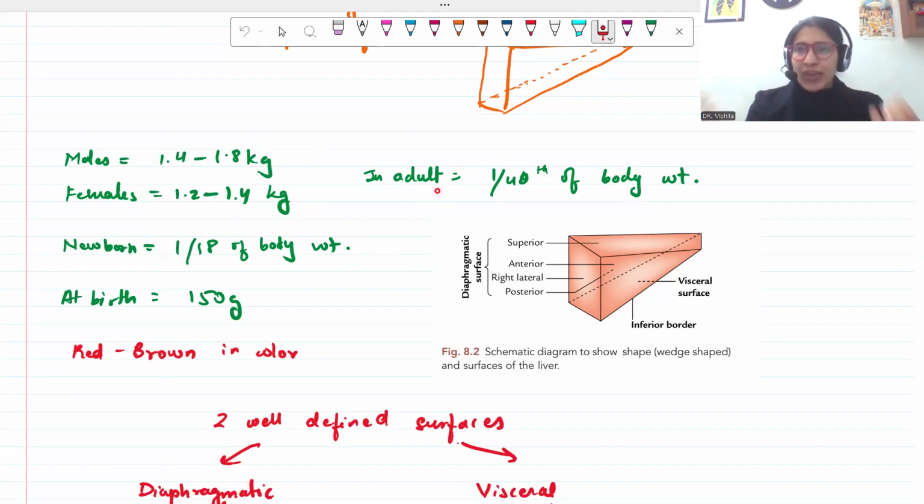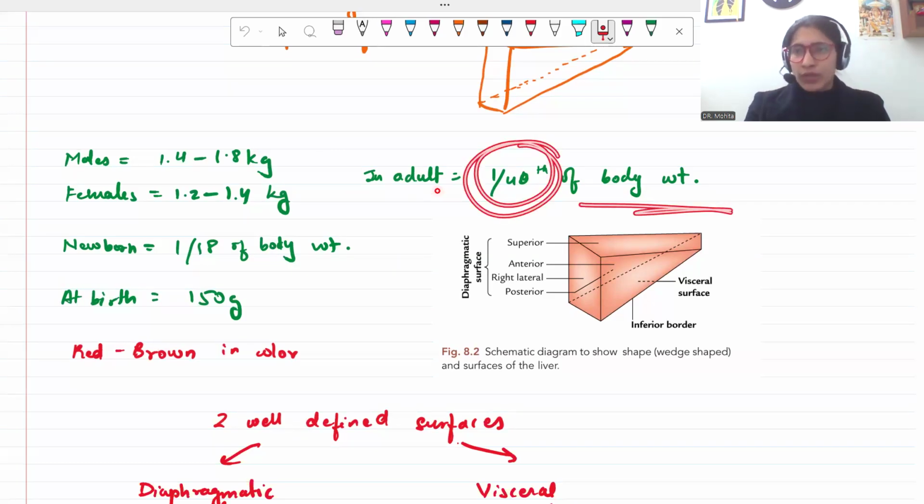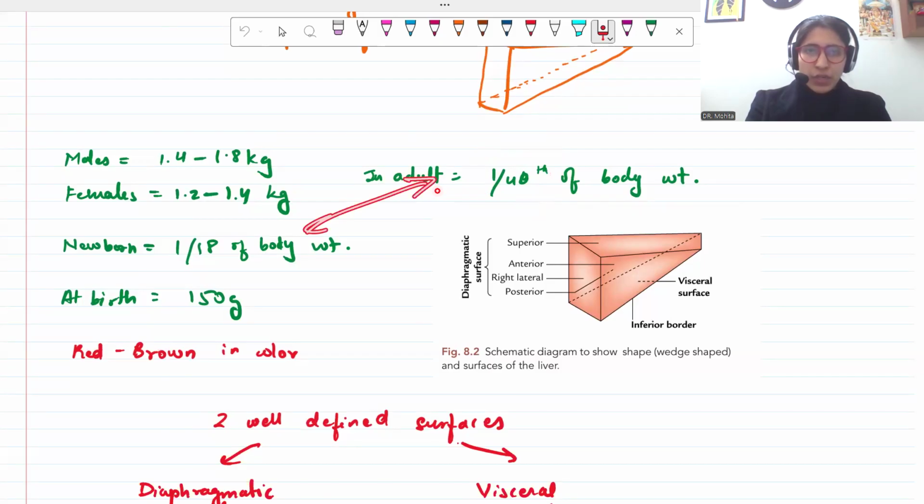At birth, it weighs only 150 grams. The baby is also very small. So obviously at birth, it is 150 grams. In adults, it is occupying 1/40th of the body weight. Compare it with the newborn. Is it good? Does it make sense?